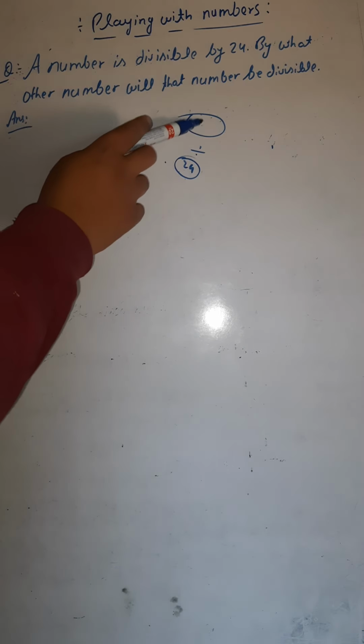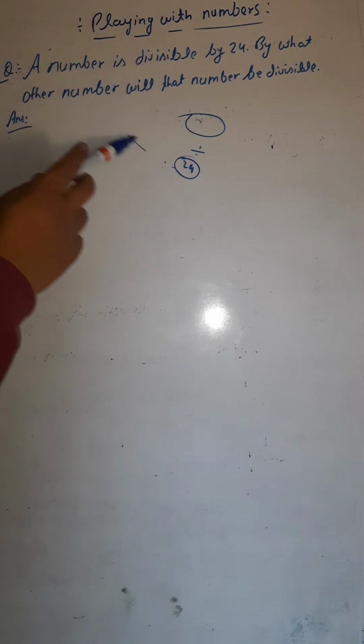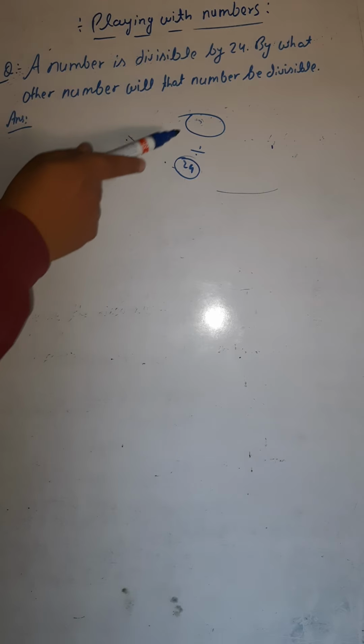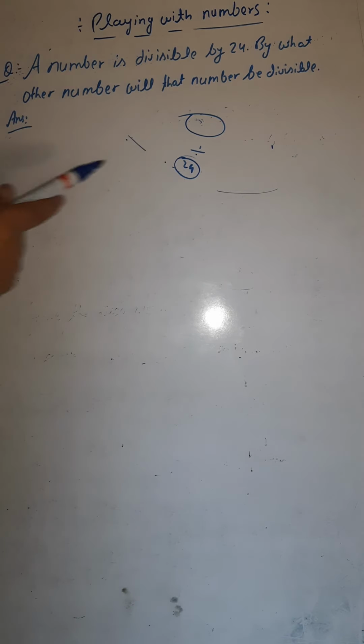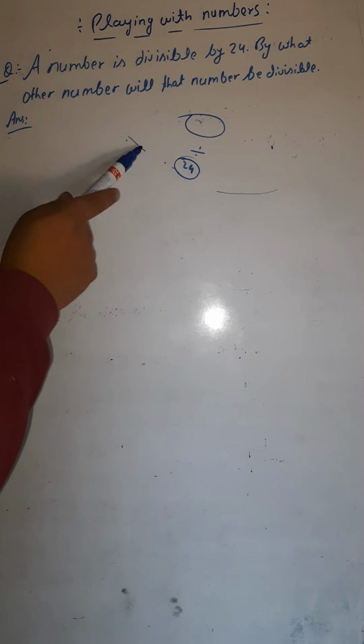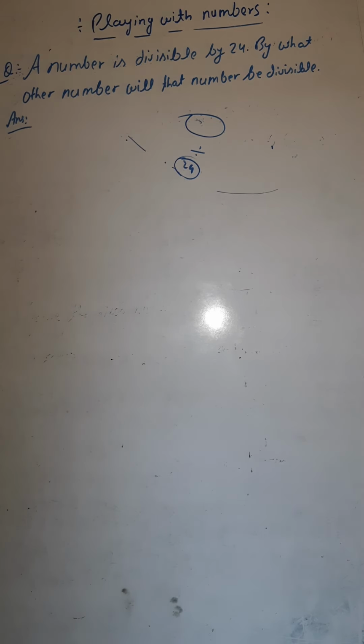If any number is divisible by any other number, then that number would also be divisible by the factors of the given number. Similarly here, if this number is divisible by 24, then it would be divisible by all the factors of 24. So now we have to find out the factors of 24.